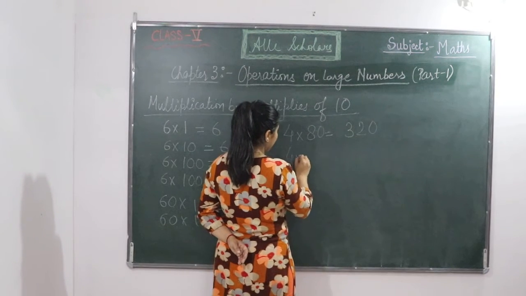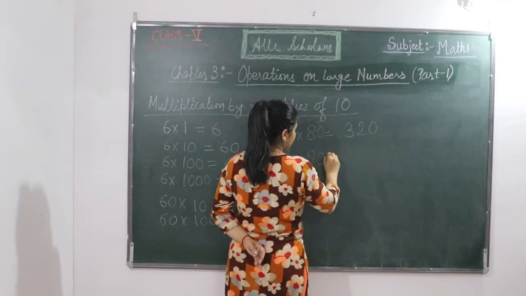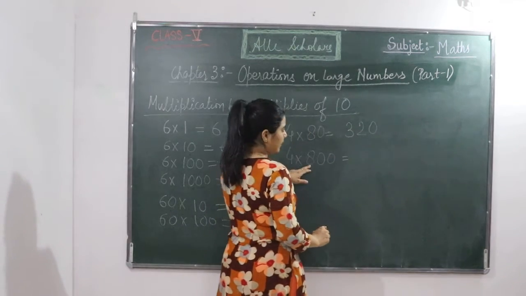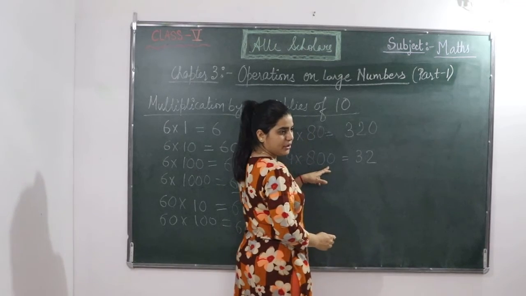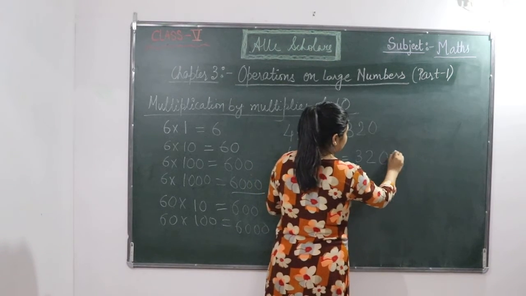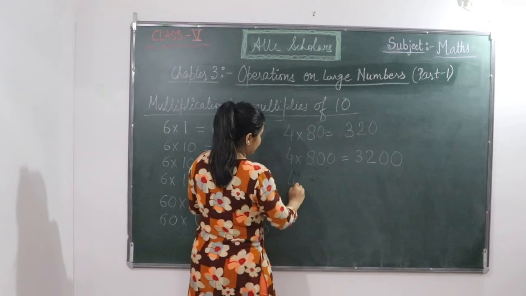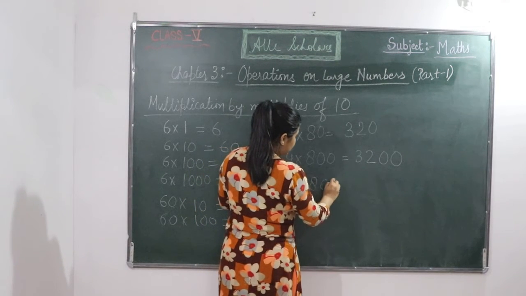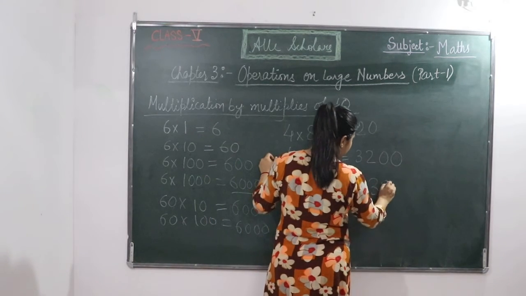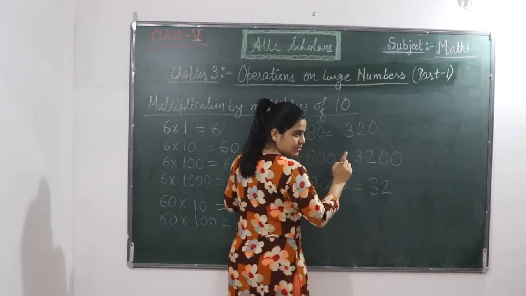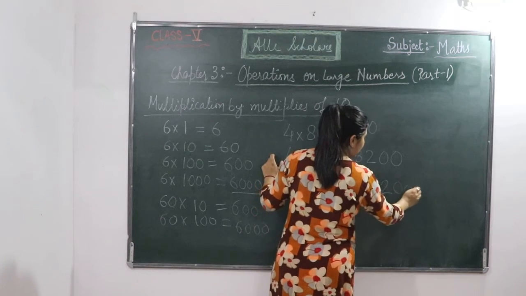Similarly, if it is 4 into 800, so 4 into 8 is 32 and how many zeros do you need to put? 2 zeros. Okay? Now if it is 4 into 8000, so 4 into 8 we know it is 32. How many zeros do we need to put? 1, 2, 3.